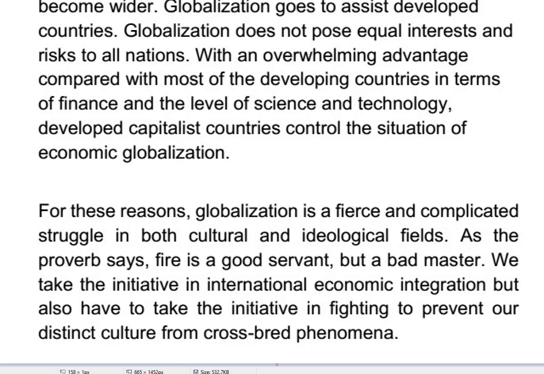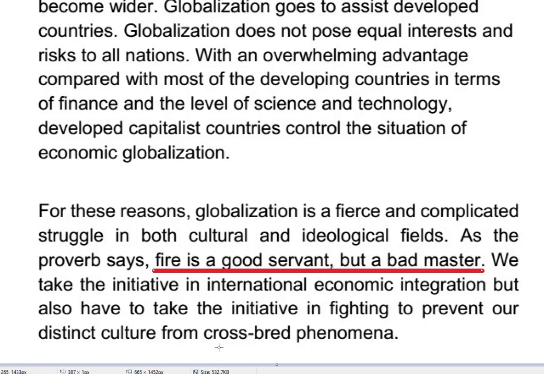As the proverb says, I do like the proverb, but I don't think that this is something that you can realistically be expected to come up with during the test. Again, this is someone who just sat down and wrote this at home. Our distinct culture from cross-bred phenomena.